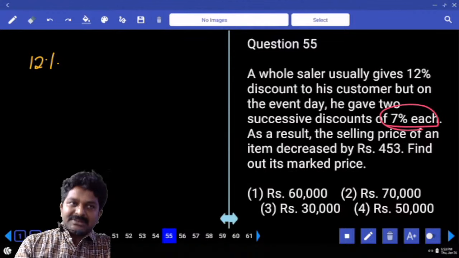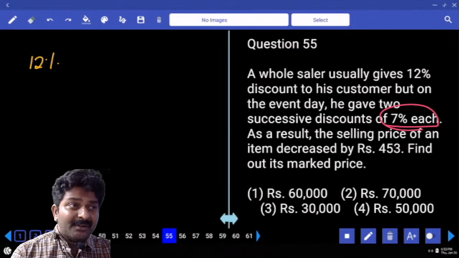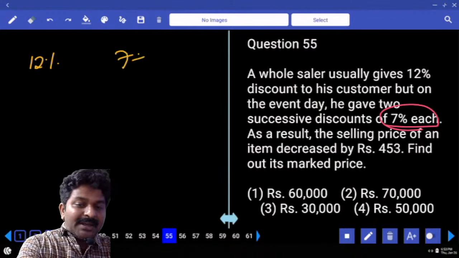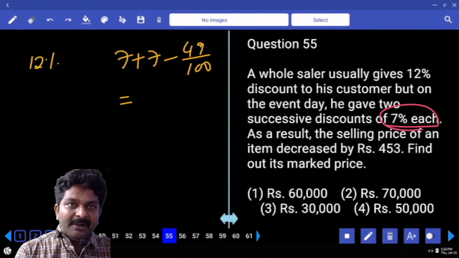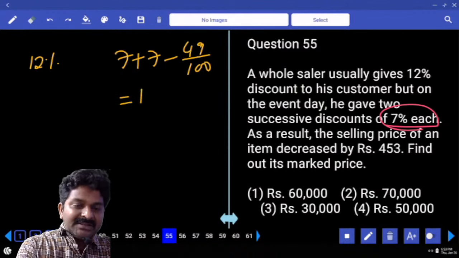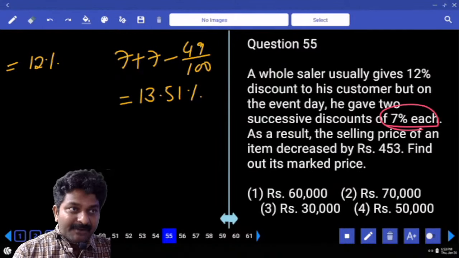When you are given successive discounts and asked to calculate a single discount, how can you do it? 7 plus 7 minus 7 square by 100, which is 14 minus 0.49, that is 13.51%. Earlier we were getting 12%, but now we are getting 13.51.